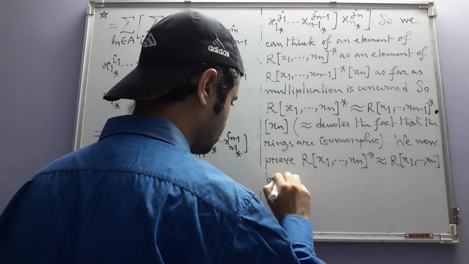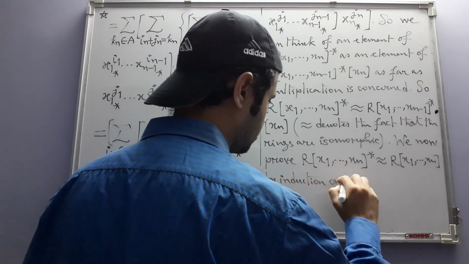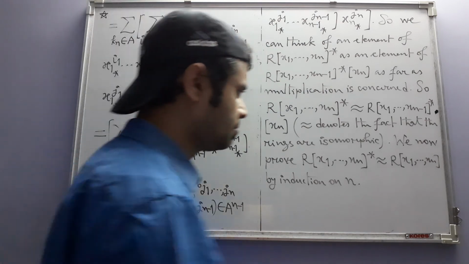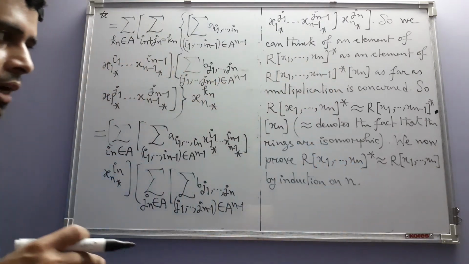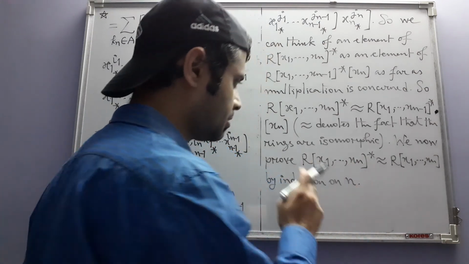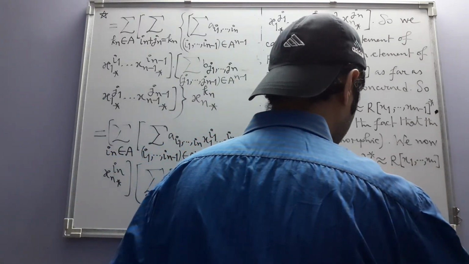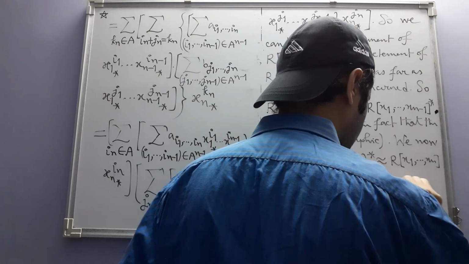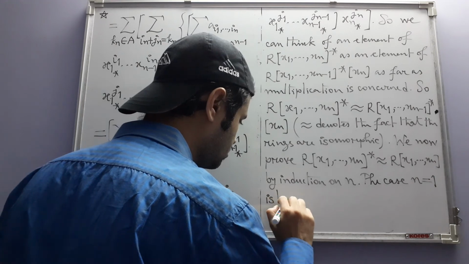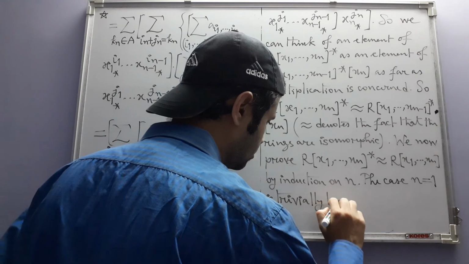By induction on n. The case n equal to 1 is trivial because there we don't in fact have to apply any recursion, the recursive definition that we have for our original ring. The case n equal to 1 is trivially true.